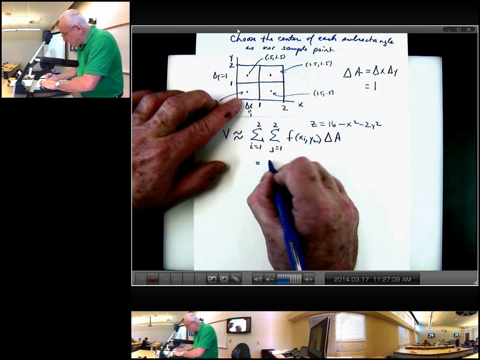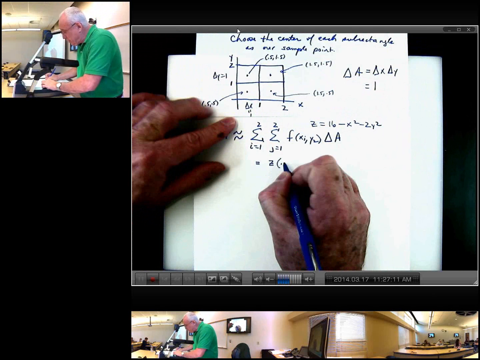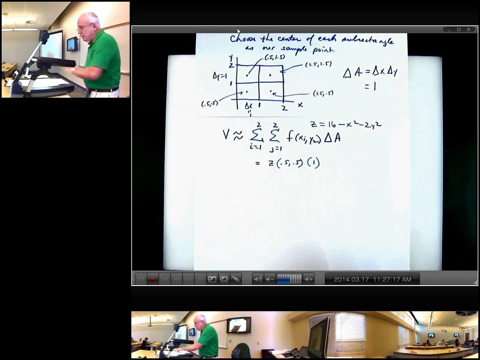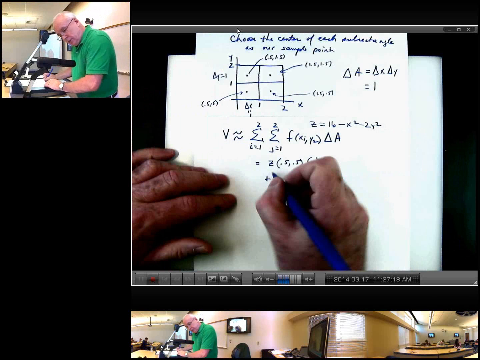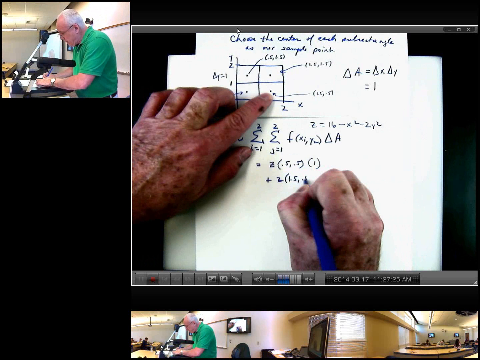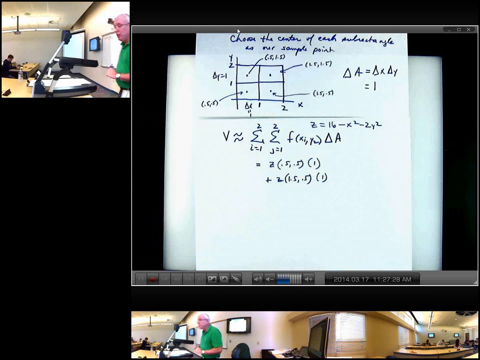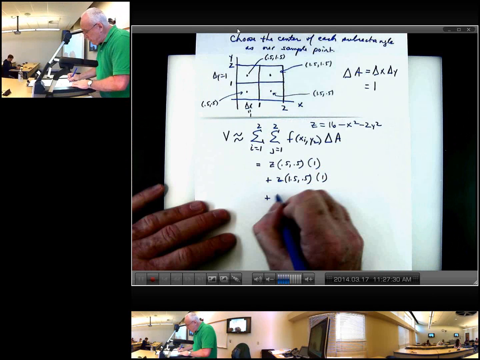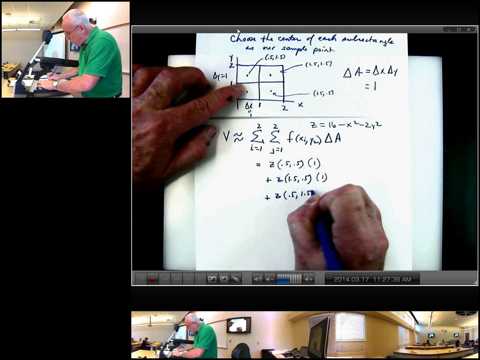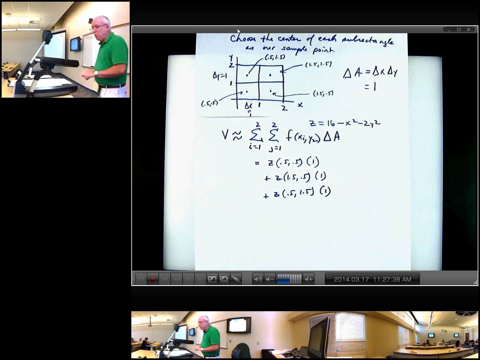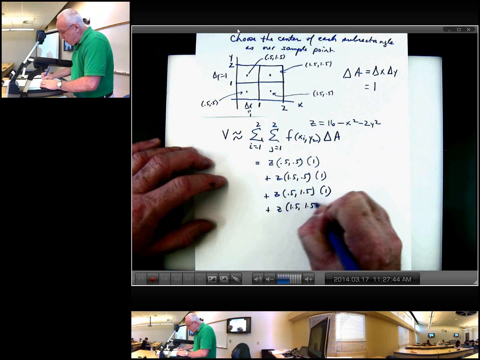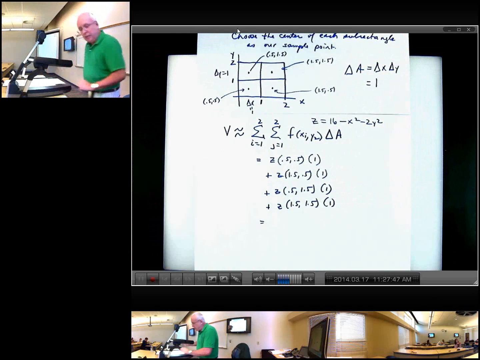So I'm going to have z at (0.5, 0.5), and of course that's multiplied by our delta area of 1, plus z of (1.5, 0.5), again multiplied by our delta area of 1, plus z at (0.5, 1.5), again multiplied by 1, and then finally the fourth point, z applied to (1.5, 1.5), and again delta area of 1.